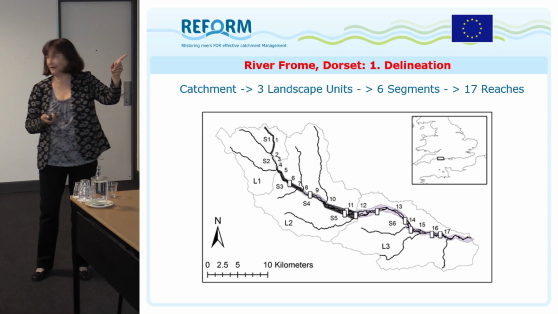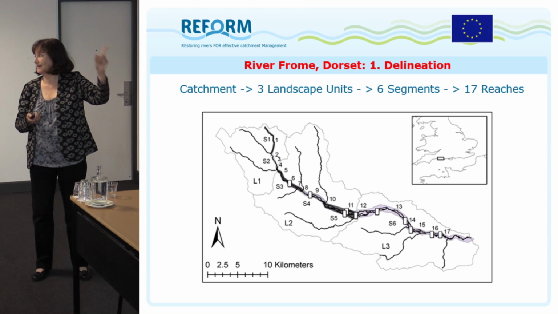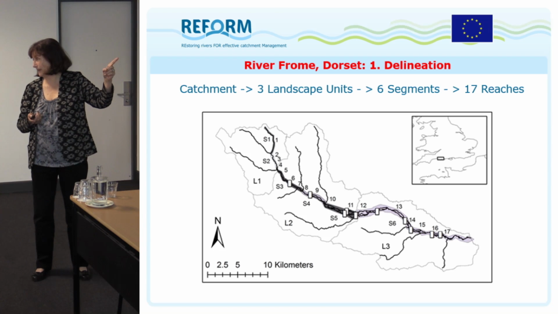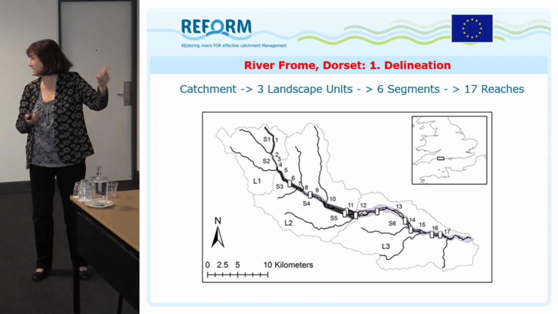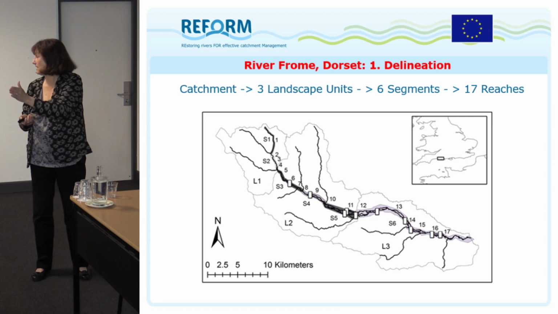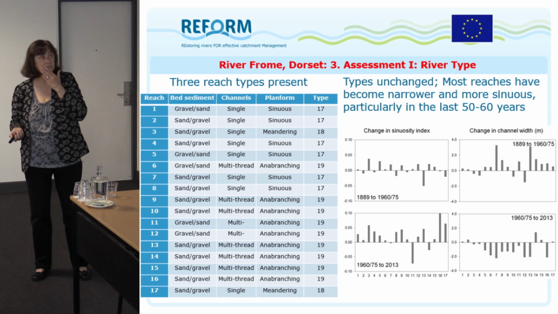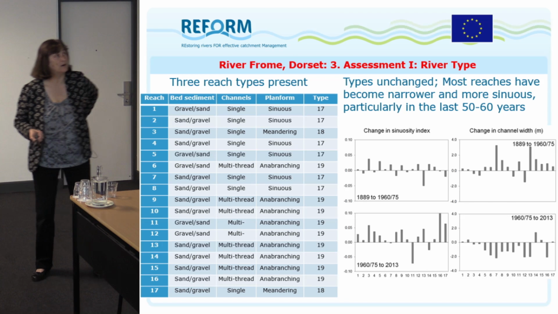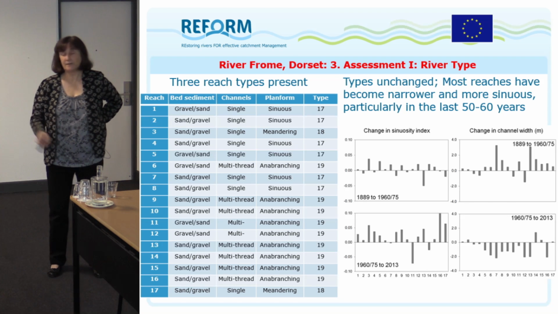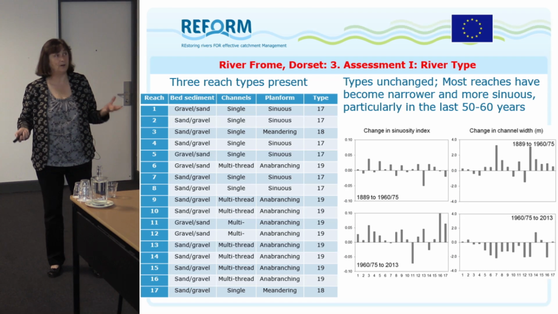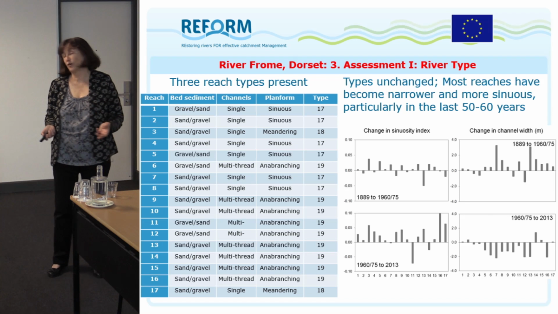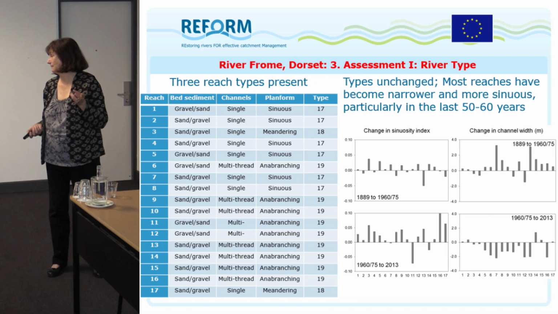But the key thing here in defining reaches is a human impact, which is that there are large weirs all over the place in this catchment, but there are some particularly significant ones which define the ends of reaches, because they're interrupting all the processes. If we then apply this channel typology, we find we've got 3 basic types of channel in this catchment.